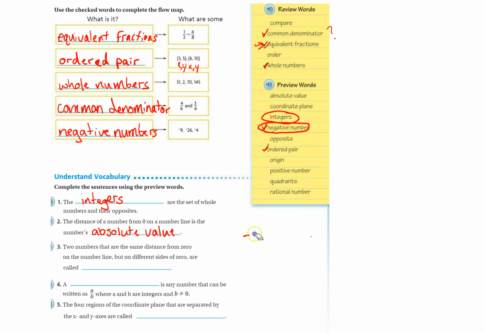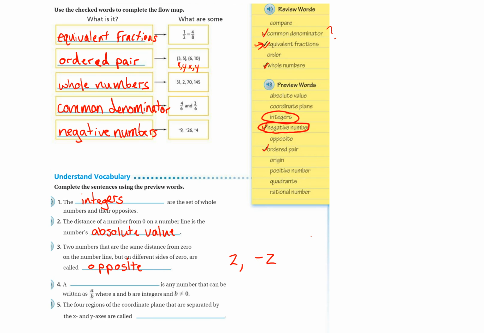Let's look at number 3. Two numbers that are the same distance from 0 on the number line, but on different sides of 0, are called opposites. So that would be the case where you have 2 and negative 2 would be opposites of each other.